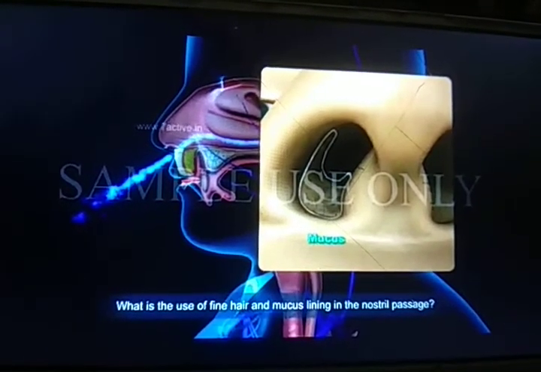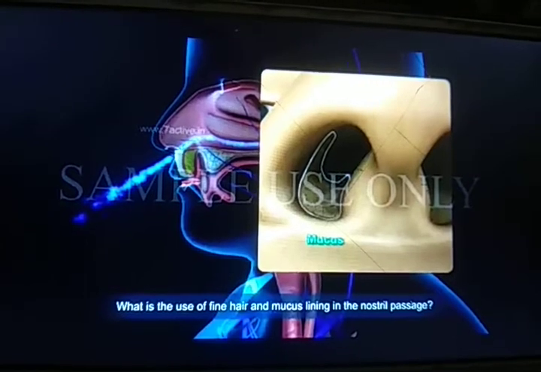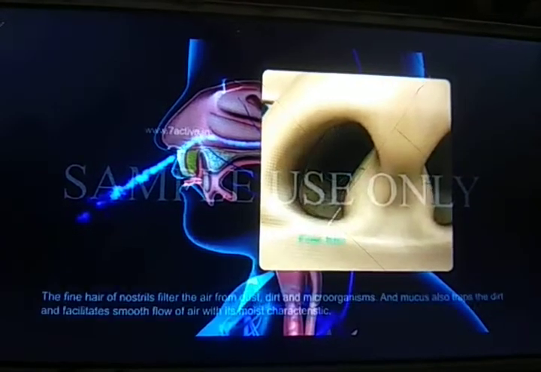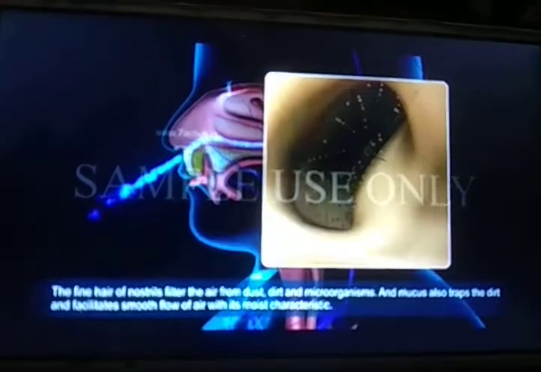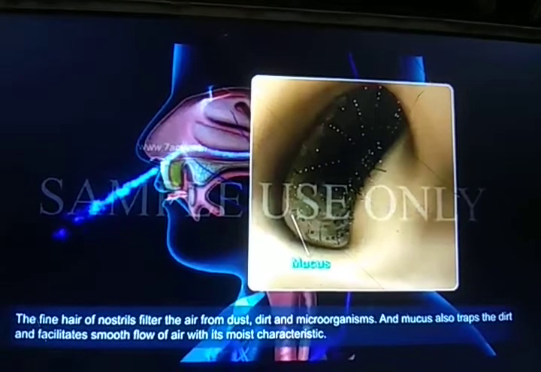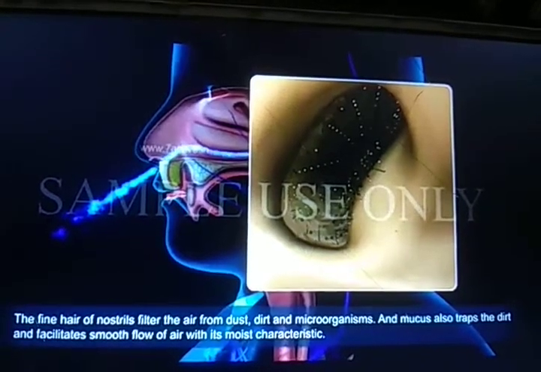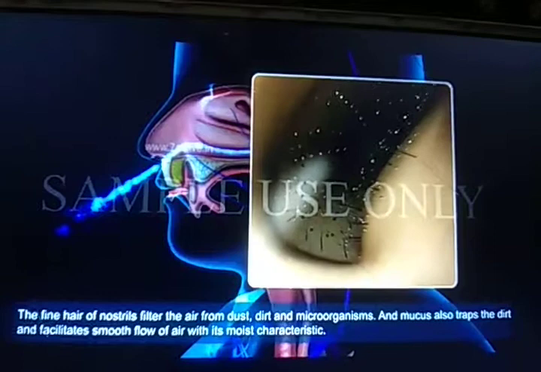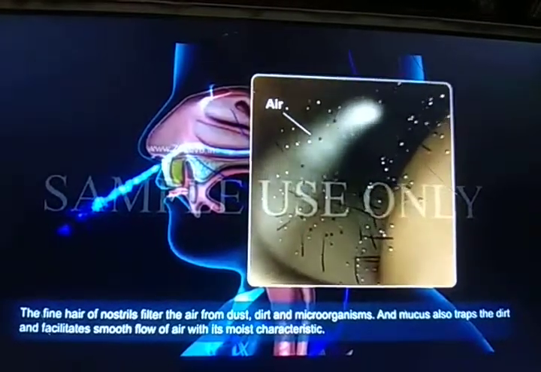So what is the use of fine hair and mucus lining in the nostril passage? See, the fine hair of the nostril filters the air, dust, dirt and microorganisms, and mucus also traps the dirt and facilitates smooth flow of air with its moist characteristics.